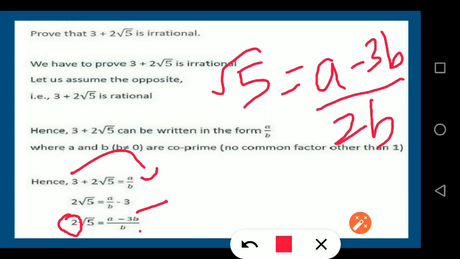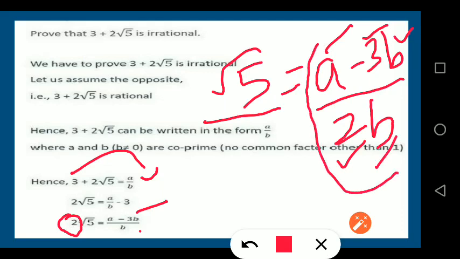Now, according to our knowledge, root 5 is an irrational number. Got it? And we know that a is an integer, b is an integer, 3 is an integer. Here also 2 and b are integers, which means that this whole a minus 3b by 2b is a rational number.